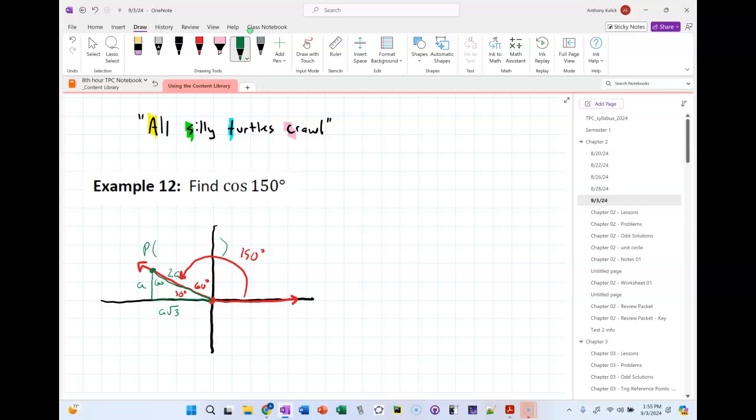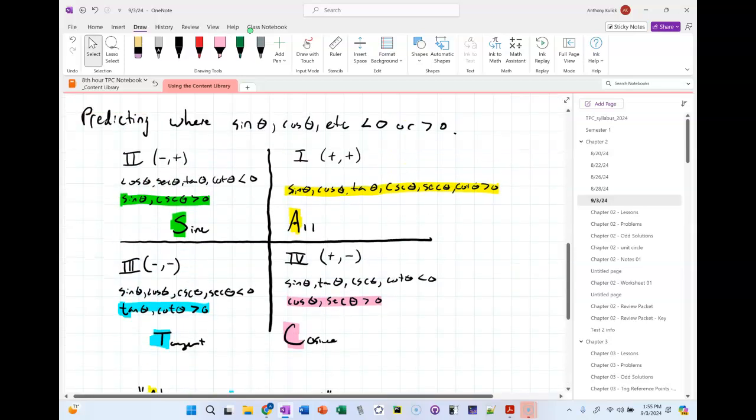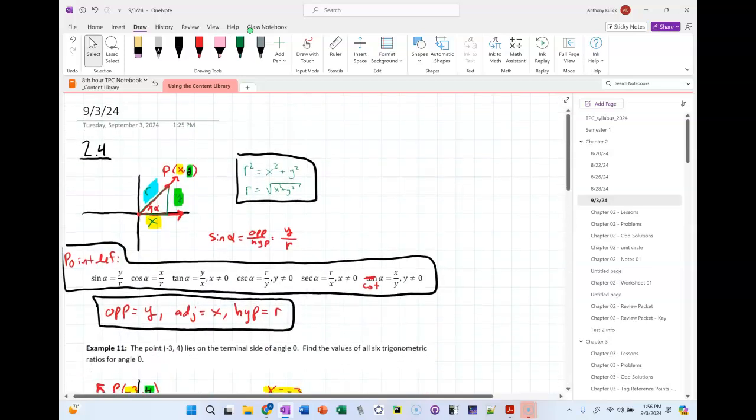Everybody's okay there? So what does the x-coordinate for point P have to be? Let's go back and look at what we did in the very beginning.